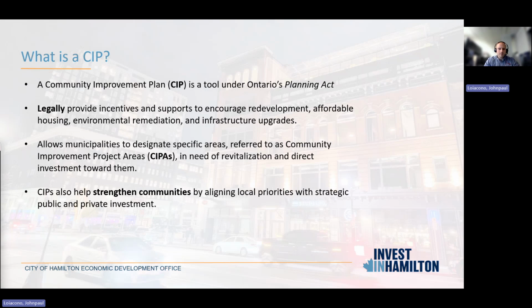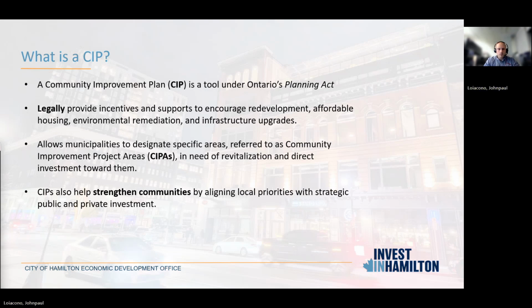So what does the actual CIP look like? It's an actual document. It includes all the legal parts, so the bylaws to put it into force and effect. It includes a framework that sets out the specific goals, objectives, and strategies. It includes the CIPAs that I just talked about, these geographic boundaries, and it includes some implementation details.